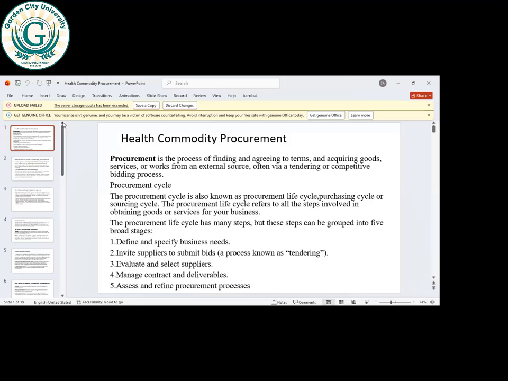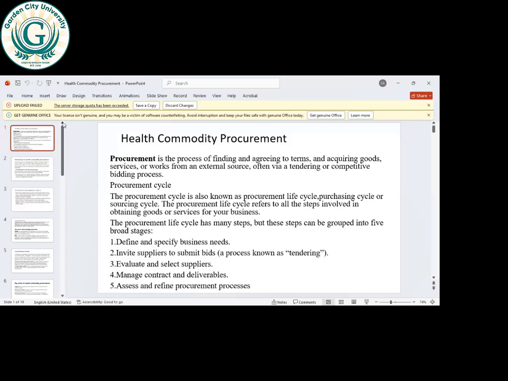If the item is above 30,000 Ghana cedis, it has to pass through the procurement committee, and the procurement committee will also use the same process by asking the procurement officer to look for invoices, to look for suppliers who will be able.